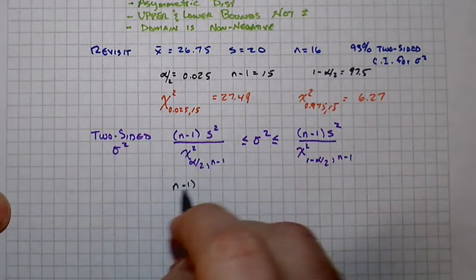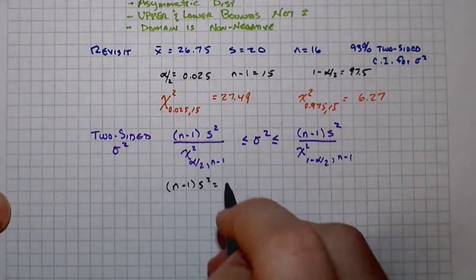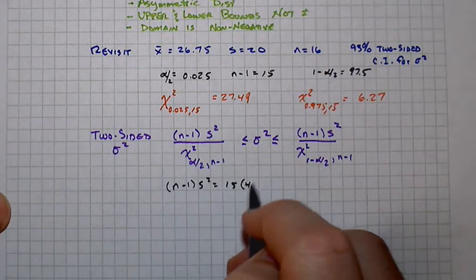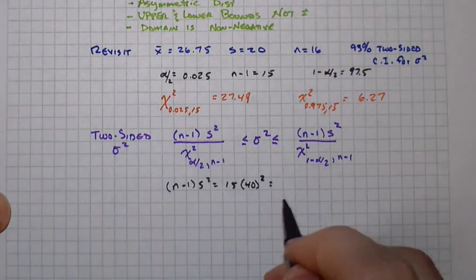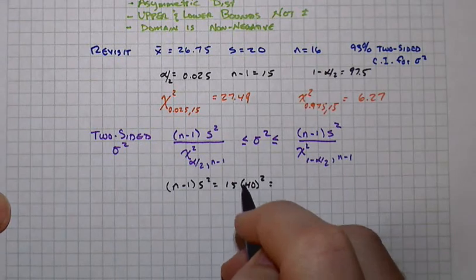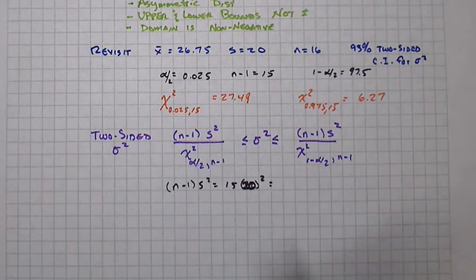N minus 1 times s squared is going to be 15 times 20 squared. 400 times 15 is 6,000.